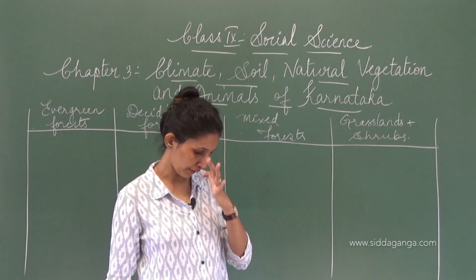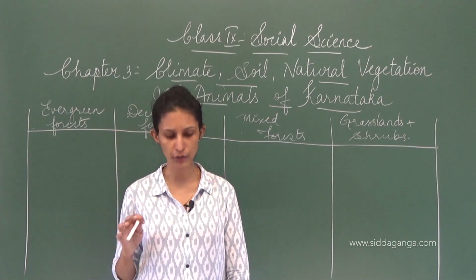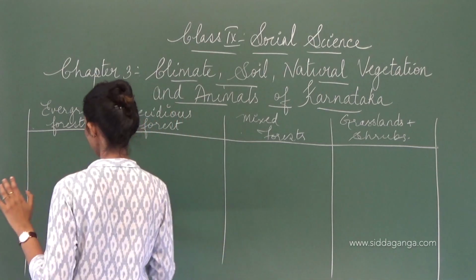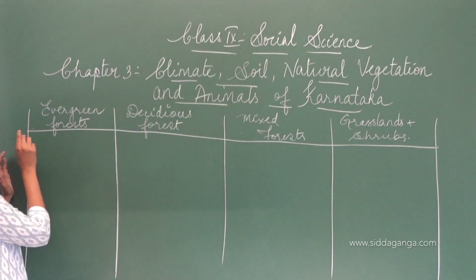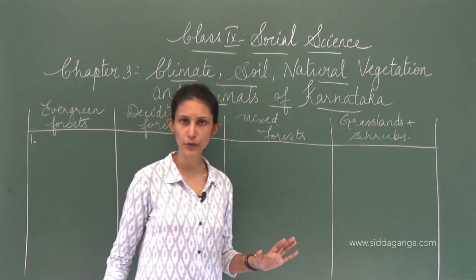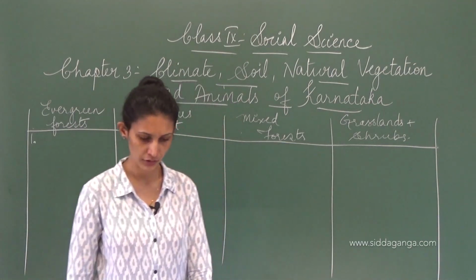Now, we will go one by one. We will write 1, 2, 3, 4 as points. Write 1 here. 1 will follow for all the 4. I may need to rub after I finish a certain point here, but you continue in your notes.